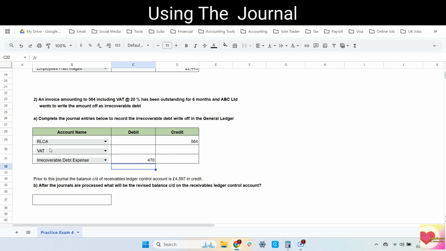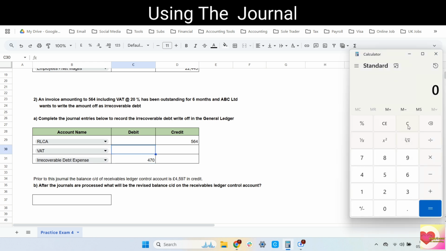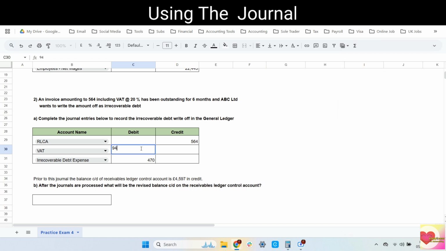And the last one is VAT. The VAT goes with the net, which is in debit. So let's calculate the amount from the gross amount, 564. Let's divide it by 6, and we got 94. So let's enter this amount in debit. And don't forget to double check the totals of debit should be equal to credit.